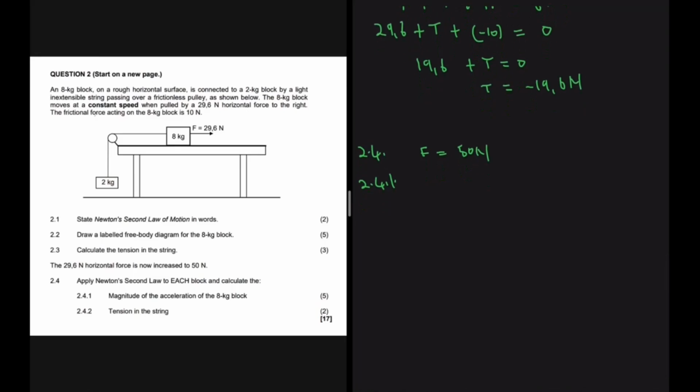Let's start with the 8 kg block and see if we can get the acceleration using the 8 kg block only. If we cannot, then we'll involve the 2 kg block.